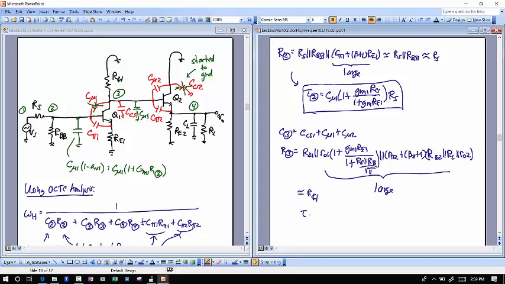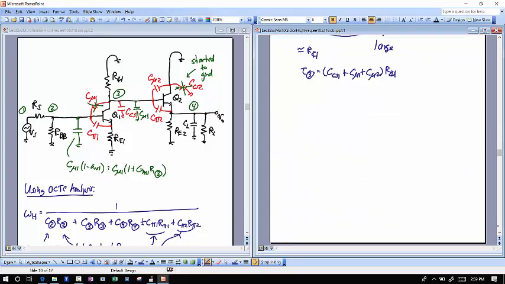And so I can write down tau 3 as just CCS1 plus C mu 1 plus C mu 2 times RC1. Okay? Very quickly, I've written down that time constant there, only because I have all of these things in my head. And now I can keep pressing forward with the rest of these.